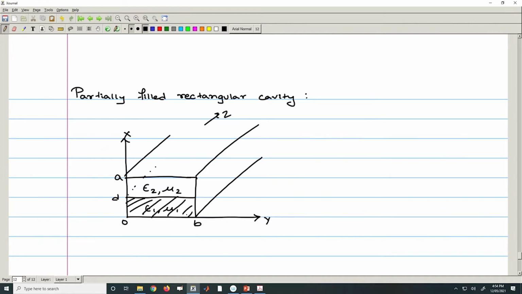So, this is a partially filled rectangular cavity.